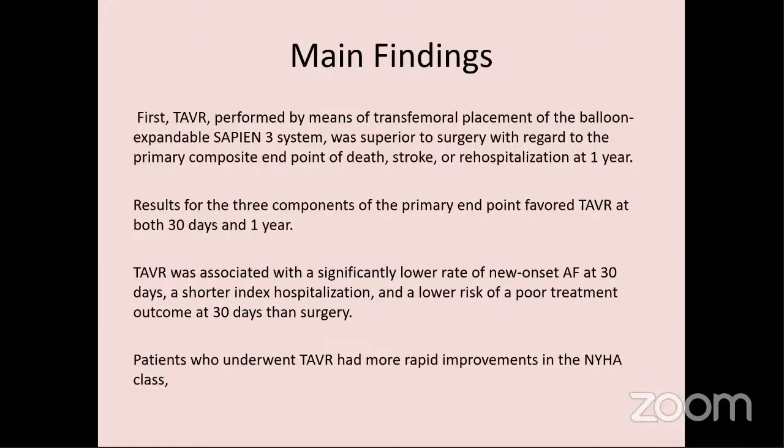TAVR was associated with a significantly lower rate of new-onset AF at 30 days, a shorter index hospitalization, and a lower risk of poor treatment outcomes at 30 days than surgery. Patients who underwent TAVR had more rapid improvement in NYHA class.